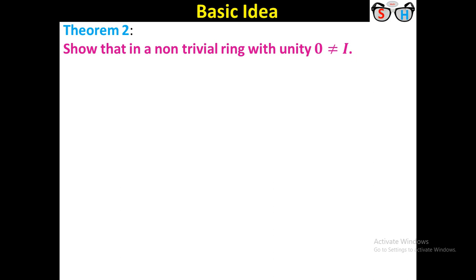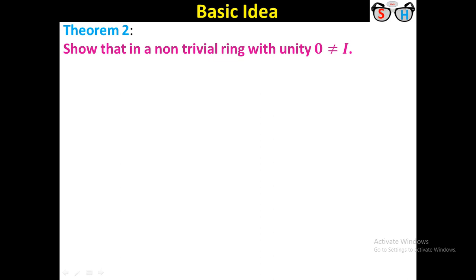It occurs in a non-trivial ring only. In a non-trivial ring, 0 and I must be distinct, because you showed that in a trivial ring 0 and I are equal, which I discussed a few moments ago.